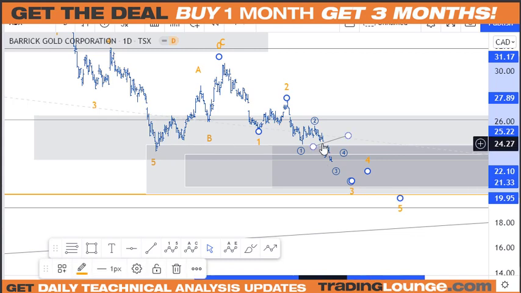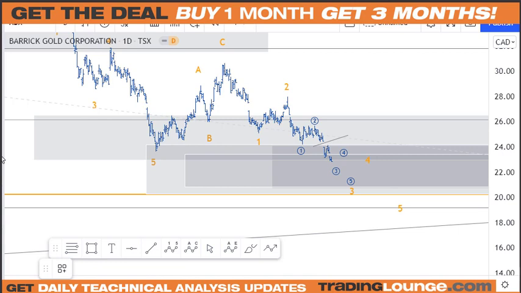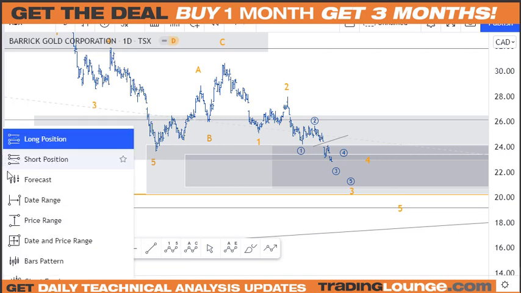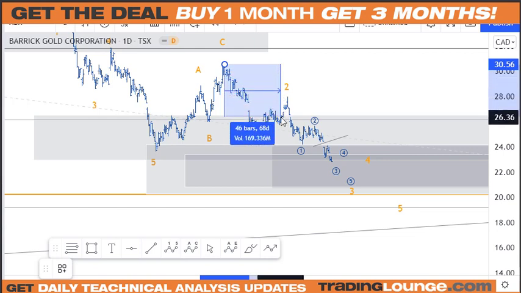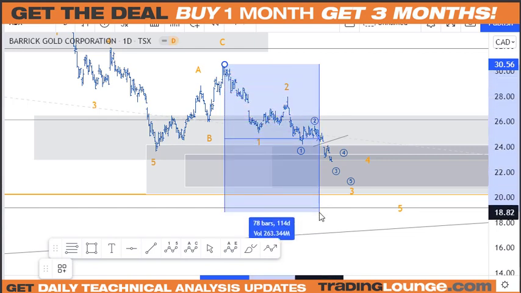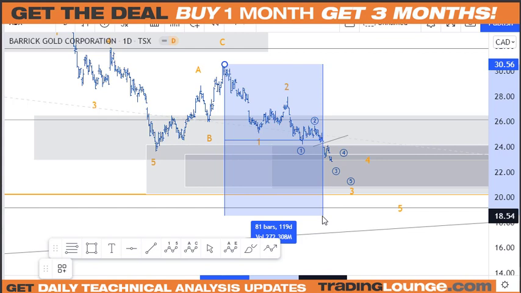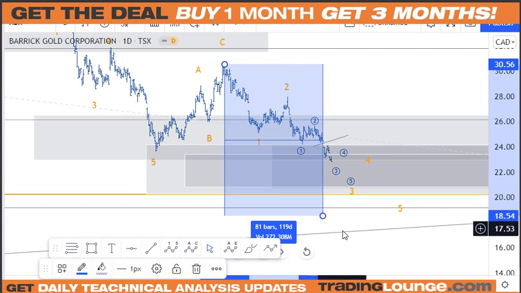That's the halfway mark. So if we look at, there must be a tool for doing stuff on the side here. Is there price range, date range? Does that count bars? Fixed volume, date range. That's 81 days.